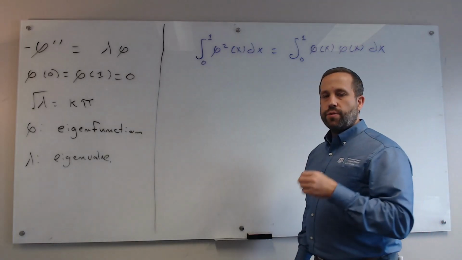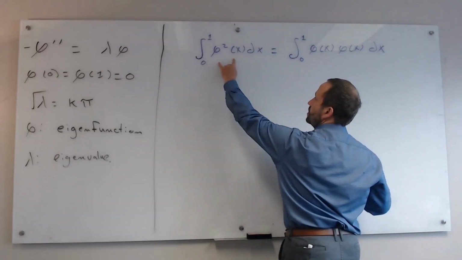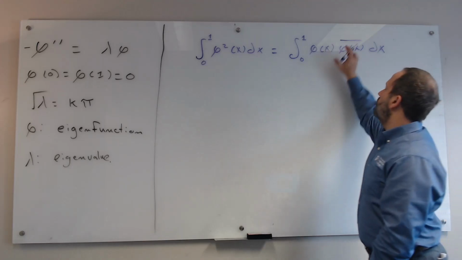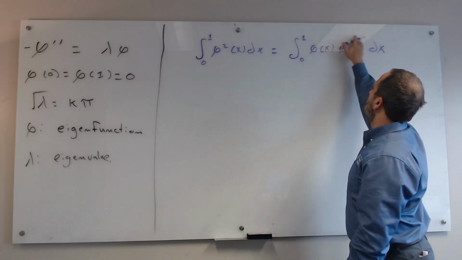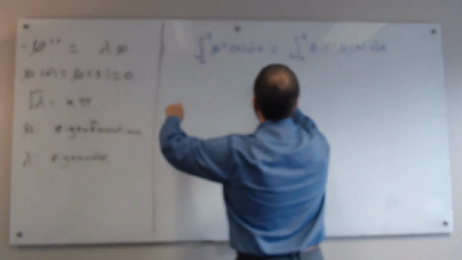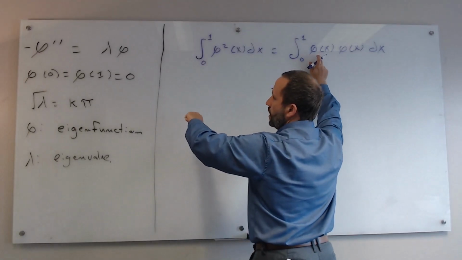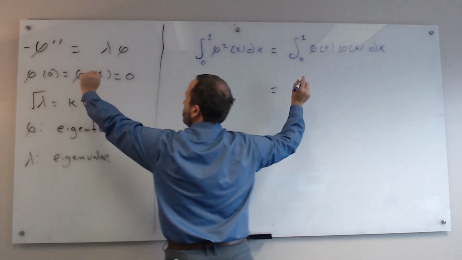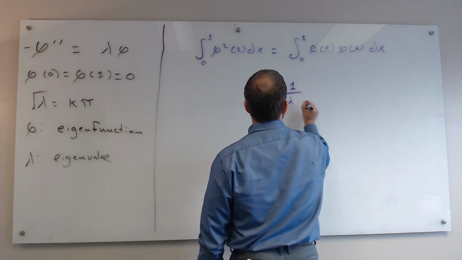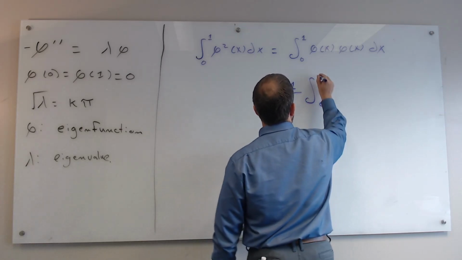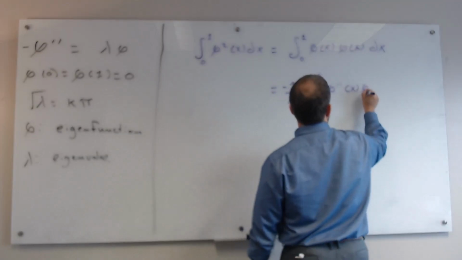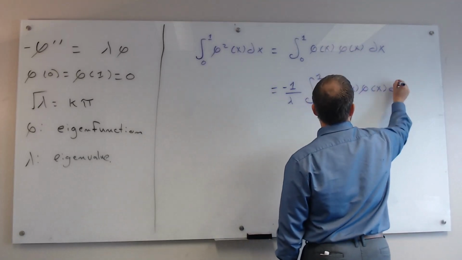If you're dealing with complex things, this would be the modulus of phi squared, and we would have phi bar. Now using this equation, I know that phi is equal to minus 1 over lambda times phi double prime. So this is equal to minus 1 over lambda times the integral from 0 to 1 of phi double prime of x times phi of x dx.